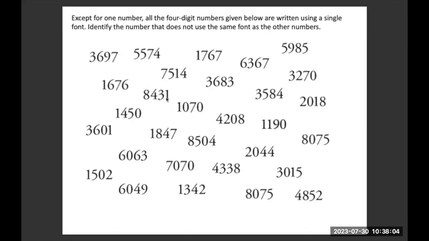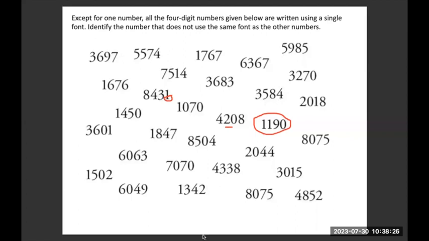And the way these fonts end is very different. There's only one number which looks drastically different from all these, which is 1190. Look at it. All the numbers are of the same height. The thickness of the letters is not varying like how it is varying in all these other numbers.